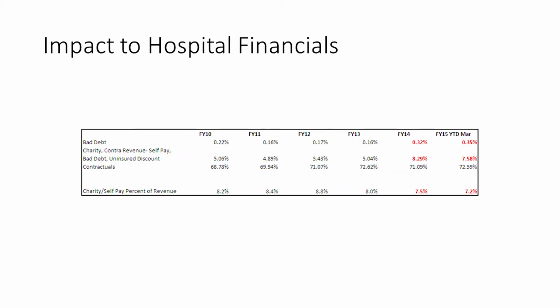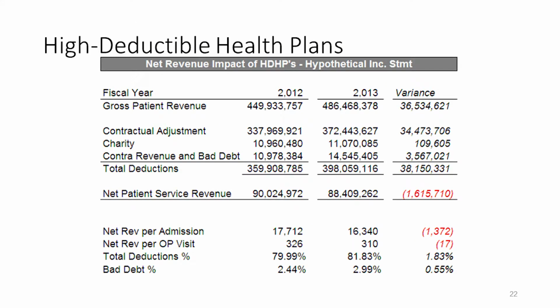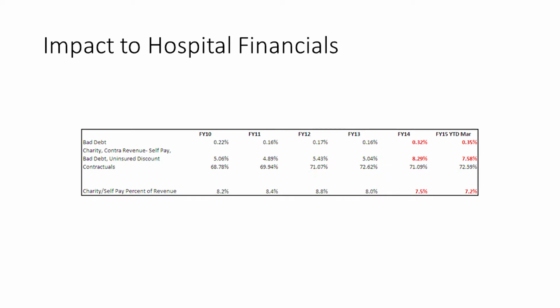So the reason for that is because a lot of those patient copays or out of pockets for the high deductible health plan has gone to bad debt or charity. So that second patient that had the $1,236 out of pocket may not be able to pay for that. So that net revenue per admission or per outpatient visit decreases, the total deductions increase, but the bad debt increases.